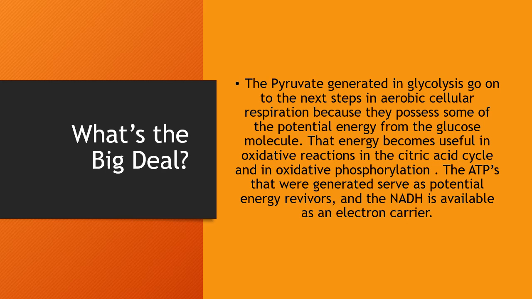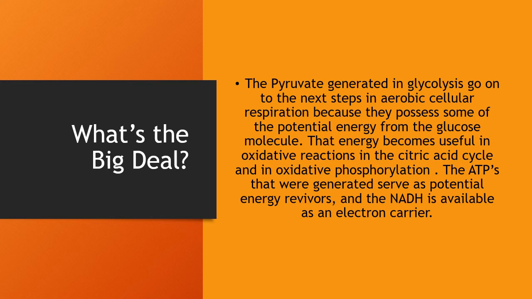So you may be wondering why glycolysis is so important. Well, the pyruvate that was generated by the end of glycolysis goes on to the next steps in cellular respiration when oxygen is present. It has some of that potential energy from the glucose molecule.